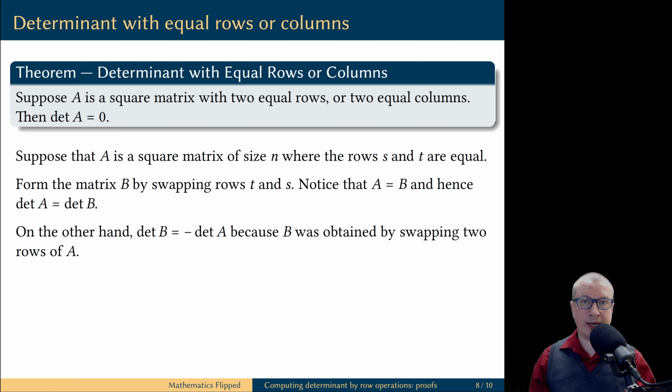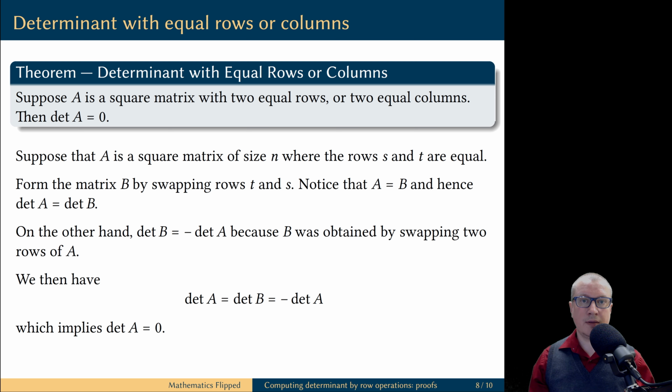But on the other hand, we know that swapping two rows in the matrix changes the sign of the determinant. This means that the determinant of B on the one hand is equal to the determinant of A, on the other hand is equal to negative determinant of A. Of course, the only way for this to happen is for the determinant of A to be equal to 0. The same also holds for columns, and to see this, we just take the transpose of the matrix.